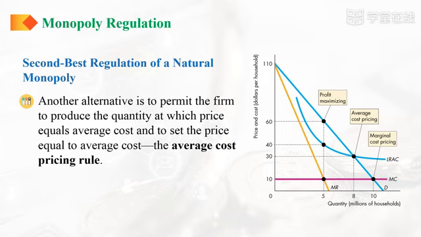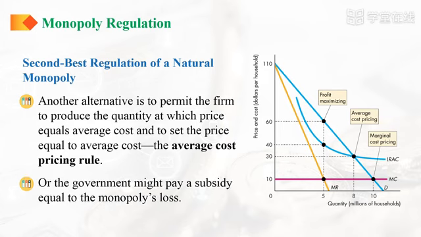But because for a natural monopoly average total cost exceeds marginal cost, the quantity produced is less than the efficient quantity, and a deadweight loss arises. This figure illustrates the average cost pricing rule. The price is $30 a month, and 8 million households get cable TV.